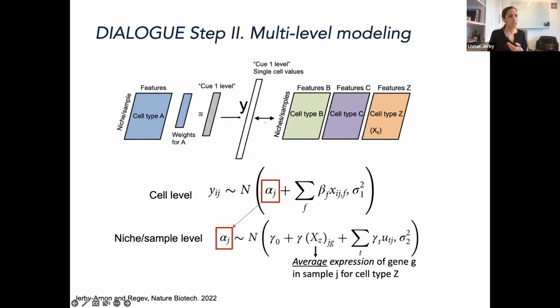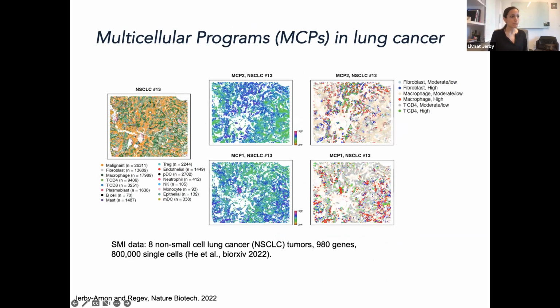And then, as I mentioned, it's also important to account for the single-cell distributions and for different confounding factors. And so we plug it into a multi-level model where we have different nested levels, and we can account for the dependencies, and we can account for the hierarchy and structure of our data. So this is demonstrated here.